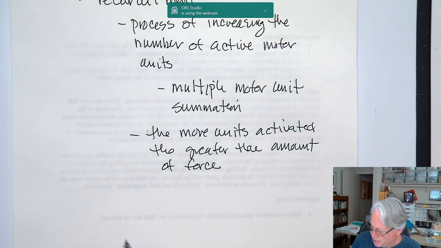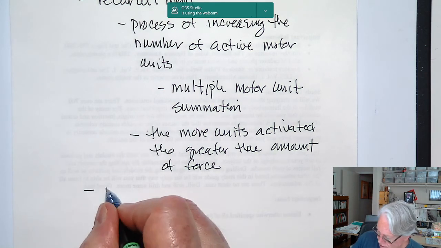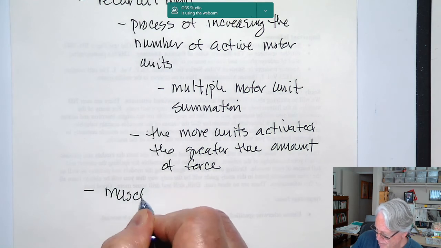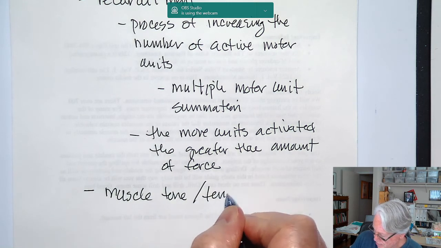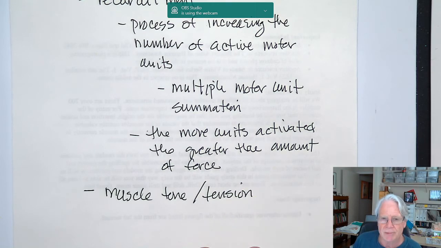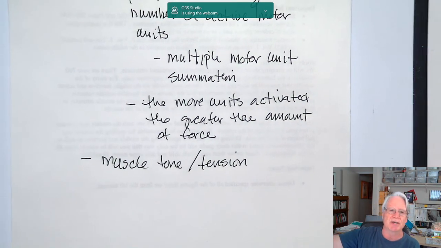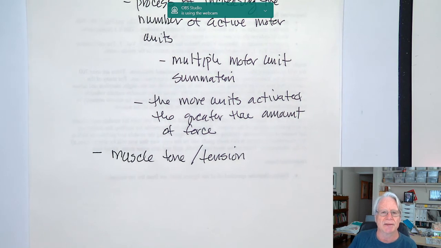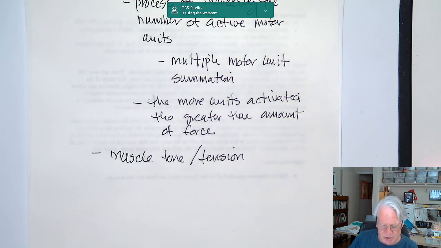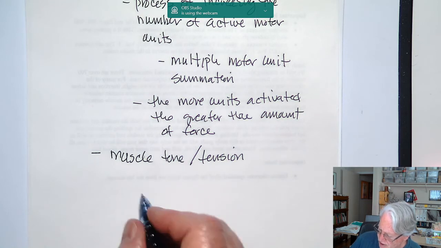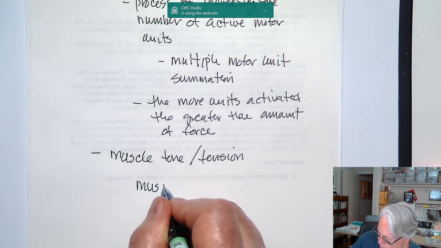At this point, I also want to talk about something else called muscle tone or tension. So this is not directly related to the amount of force that a muscle can develop, but it is in that realm. So it's a good time to talk about it. So let's define muscle tone first.